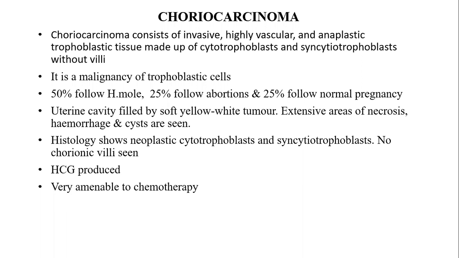On histological examination, you'll see anaplastic cytotrophoblasts and syncytiotrophoblasts, and no chorionic villi are seen. As I already mentioned, HCG is usually produced in large amounts, so it can be used to monitor progression. Choriocarcinoma is usually very responsive to chemotherapy.